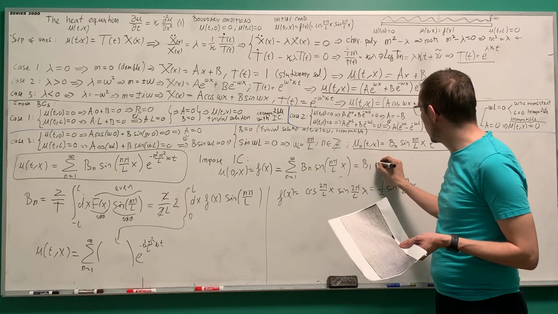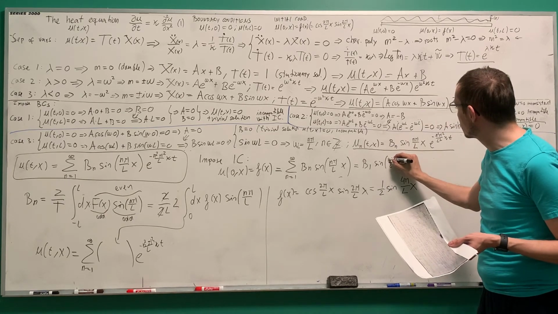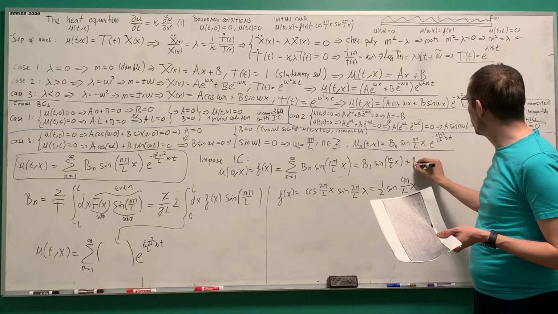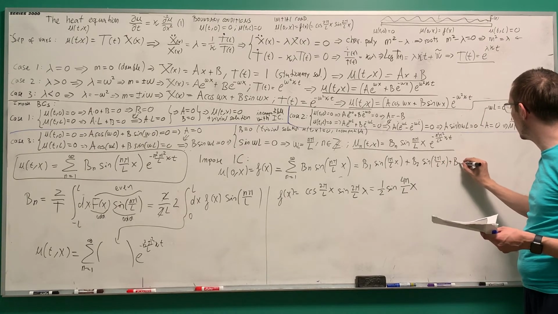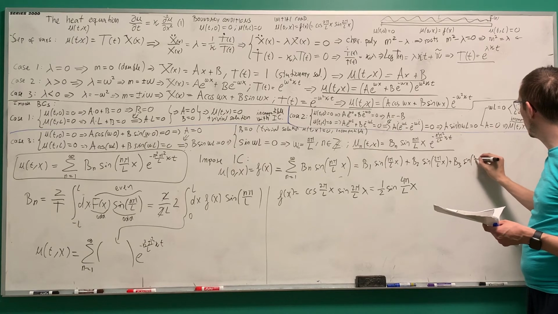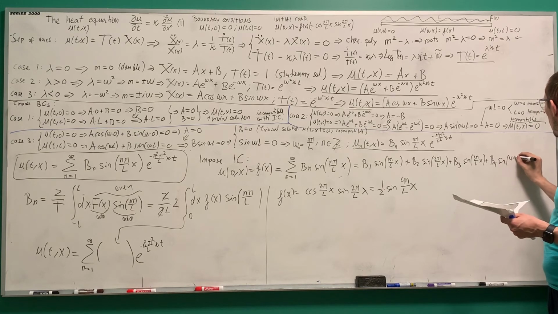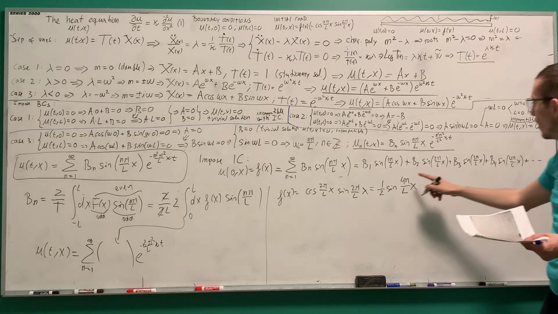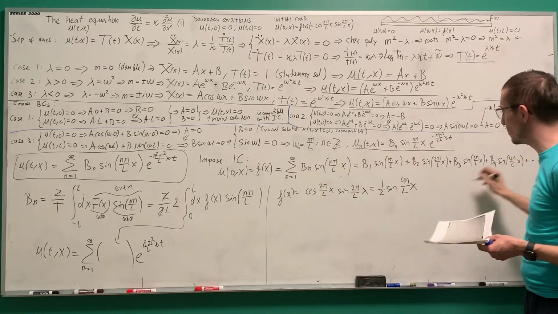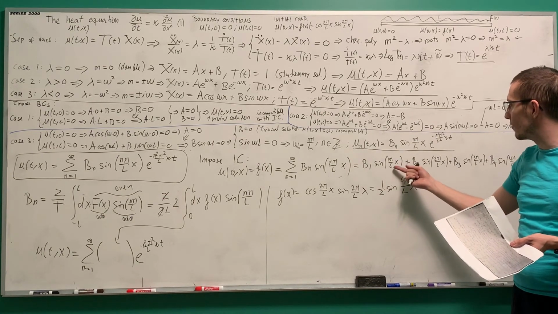It's b1 sine of 1 times pi over L x, plus b2 sine of 2 pi over L times x, plus b3 sine of 3 pi over L x, plus b4 sine of 4 pi over L x, plus all of them. Now we compare. That has to be equal to f of x. So this thing has to be equal to 1/2 sine of 4 pi over L x. Let's compare.